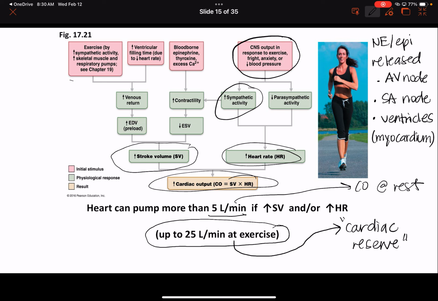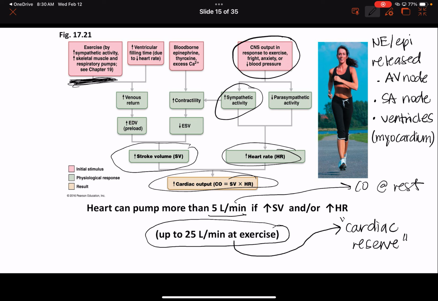Even me just walking up those stairs, my skeletal muscles around my legs are going to contract and push on my veins, and it's going to cause more blood to return back to my heart. Same thing with my arms. I'm pumping my arms, that skeletal muscle is pushing up against my veins and pushing more of that blood back to my heart.